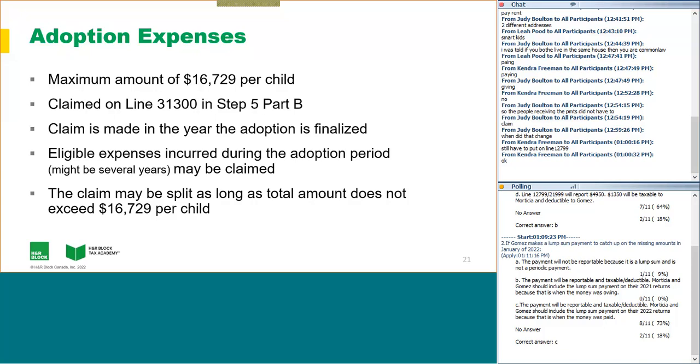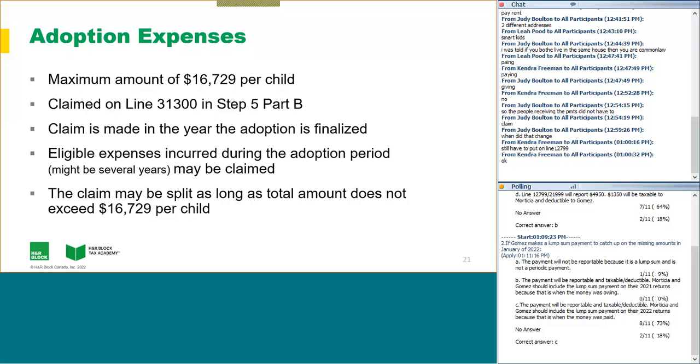But there are other times when you might incur costs in order to have a child, and that comes from adoption. So we also have a place on the return federally for adoption expenses. It is an additional non-refundable credit. Non-refundable credit starts with a 3. Nothing has changed since the beginning of the course. The maximum amount per child is $16,729.